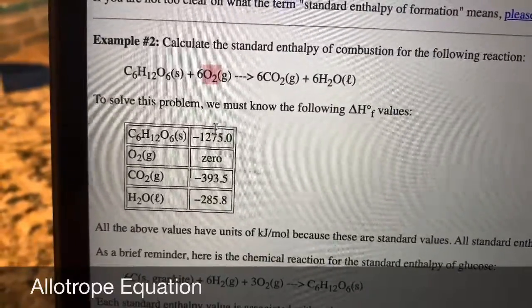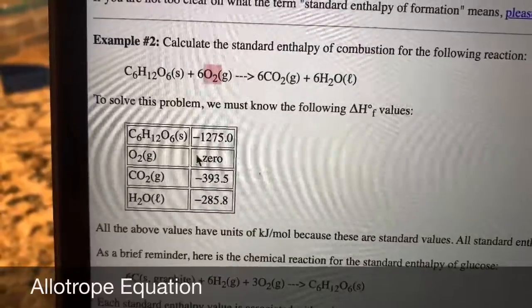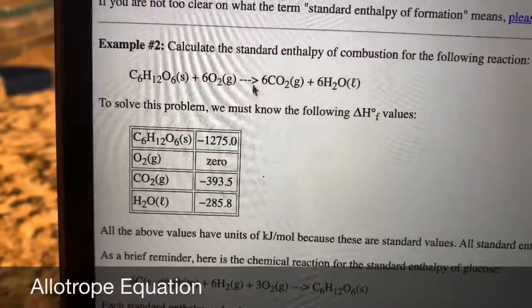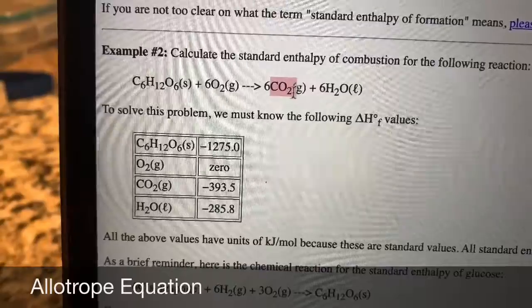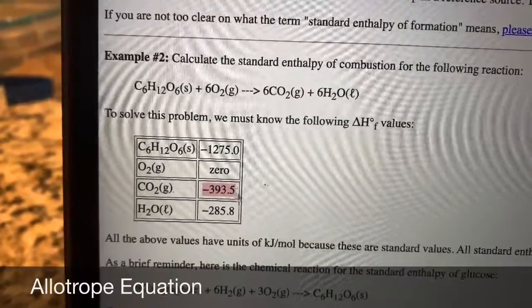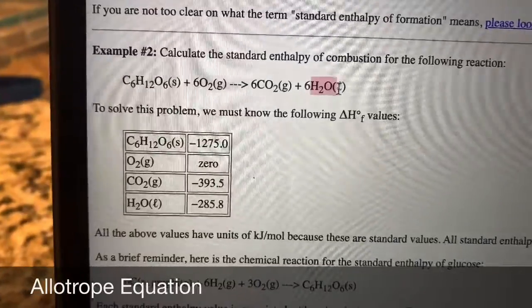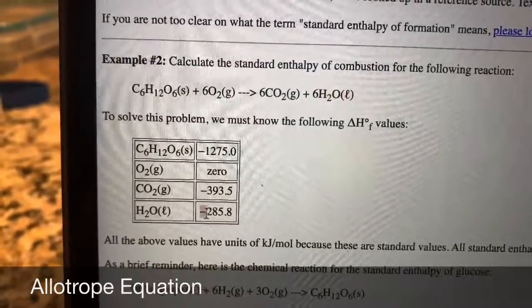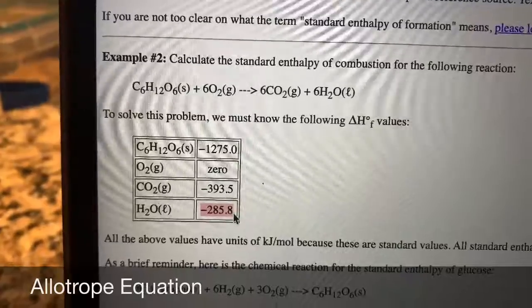Diatomic elements are always going to be 0, and that'll never change. CO2 is equal to negative 393.5, and liquid water is negative 285.8.